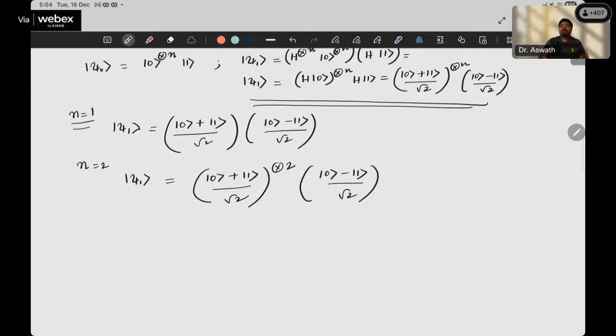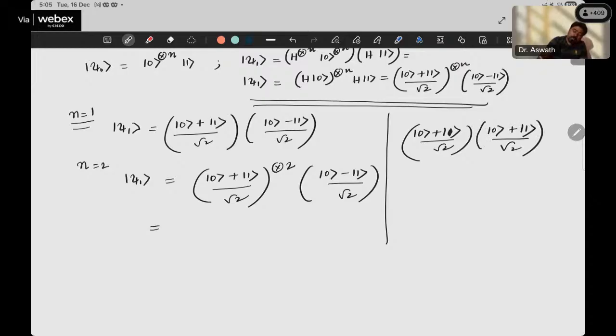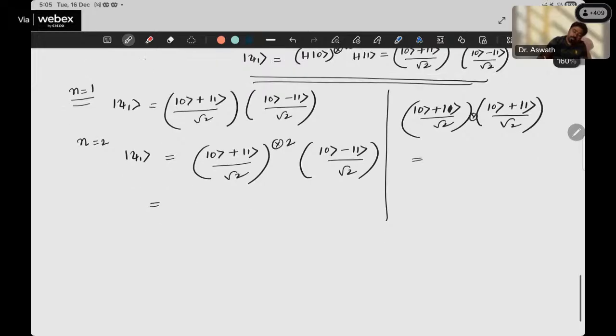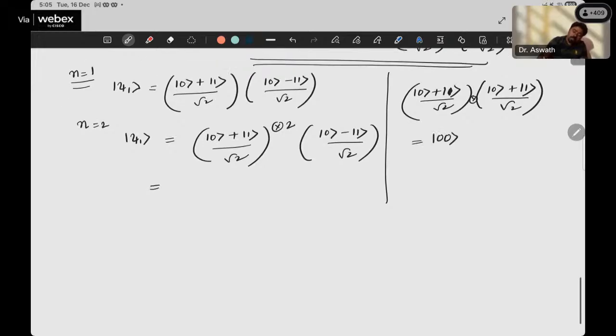Now the first term is a tensor square. What is a tensor square? Tensor square is just multiplying one more time. It will be 00 plus 01 plus 10 plus 11 divided by square root of 2 into square root of 2, which is just 2.